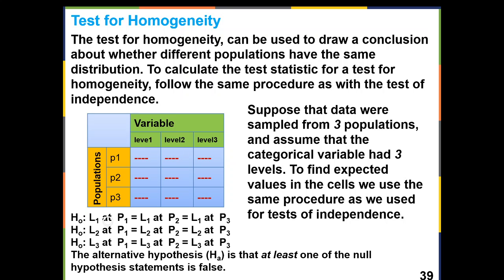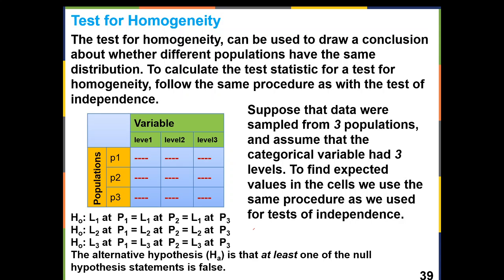And then the second row says L2 at P1 is the same as L2 at P2, same as L2 at P3, and so forth. So these are the hypotheses, and the alternative hypothesis says that at least one of these is not true. Okay, so that's the idea of this test. So how does this work? We're going to talk about it and see. Okay, so let us start.